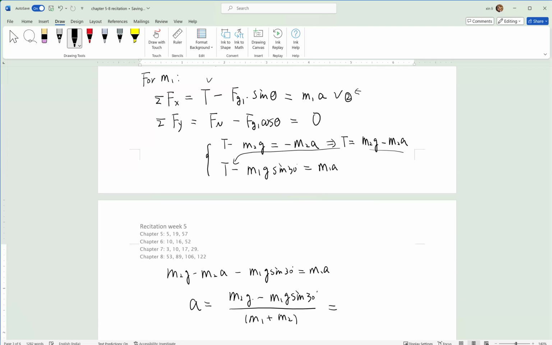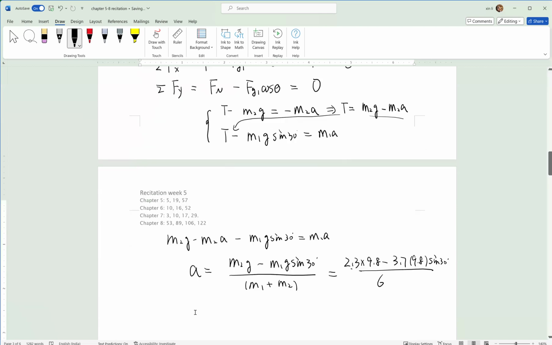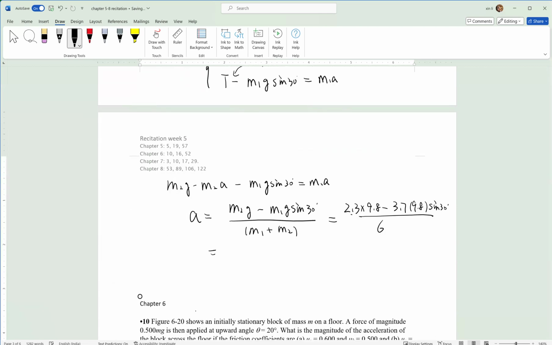Then put your M1, M2 in: 2.3 times 9.8 minus 3.7 times 9.8 sine 30, over 2.3 plus 3.7. And then you are going to get your acceleration is 0.735 meters per second squared.